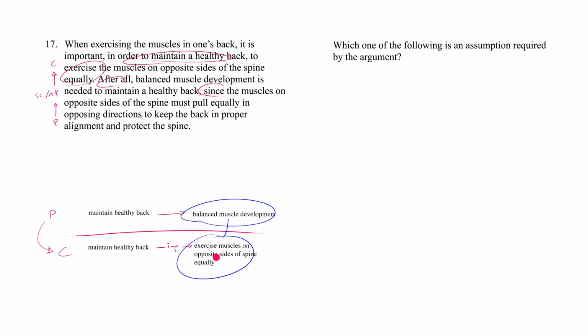But let's speak in specific terms. The assumption is that exercising muscles on opposite sides of the spine equally, that plan of action must somehow get me to balanced muscle development, right? That's gotta be required. Or at least, this is starting to look like the bridging type of necessary assumption, right?